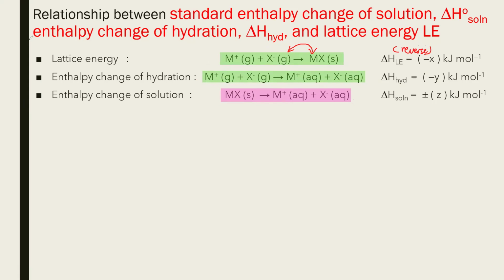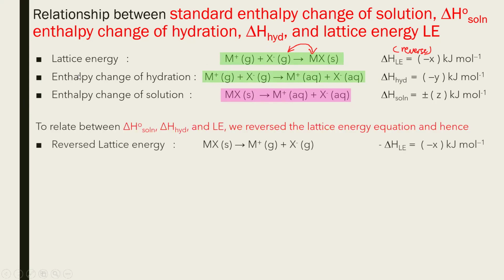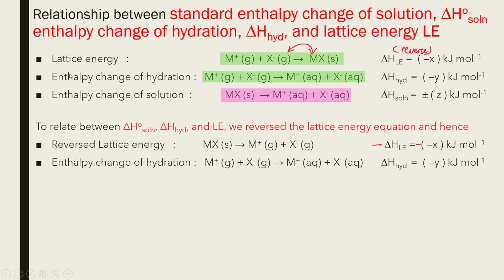So when you reverse the lattice energy, you become MX solid gives M+ gas plus X- gas. So you have the negative of the lattice energy. Then for the hydration, you have the enthalpy change of hydration, M+ gas plus X- gas.